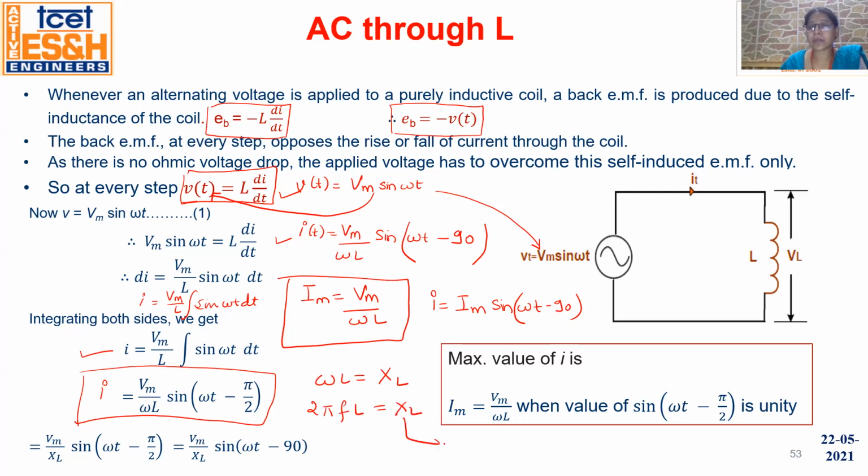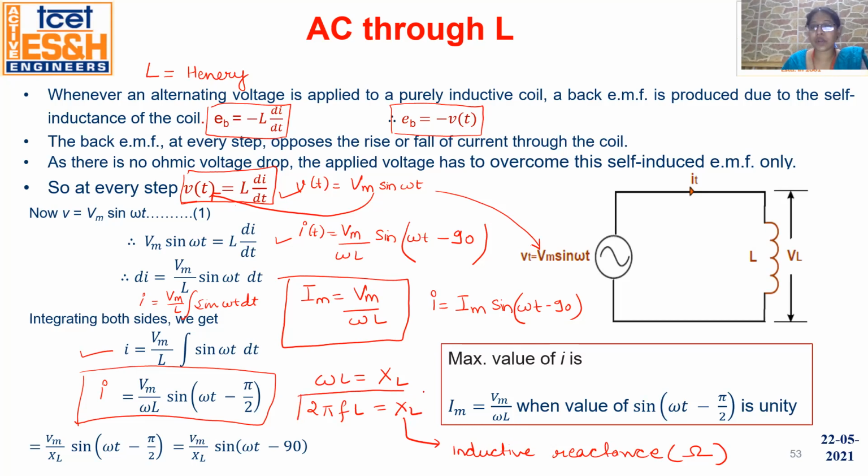It is the inductive reactance, and it is in ohm. You have to remember this. The unit of inductive reactance is ohm, whereas the unit of inductor L is Henry, and the unit of XL is ohm.